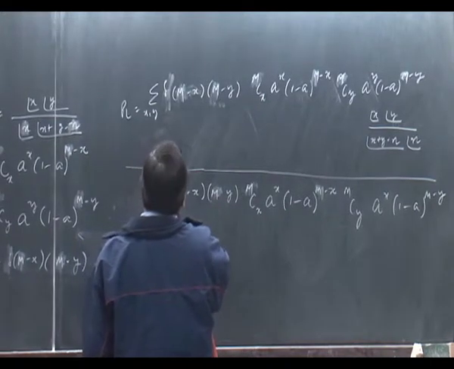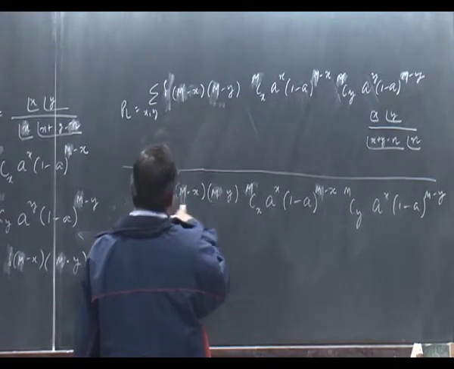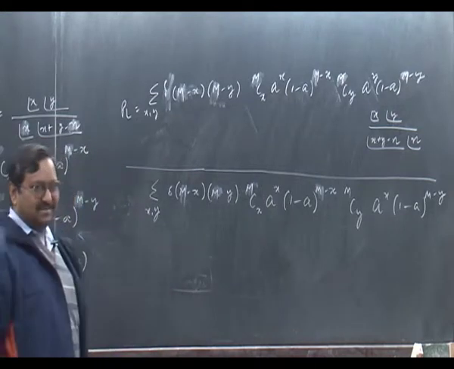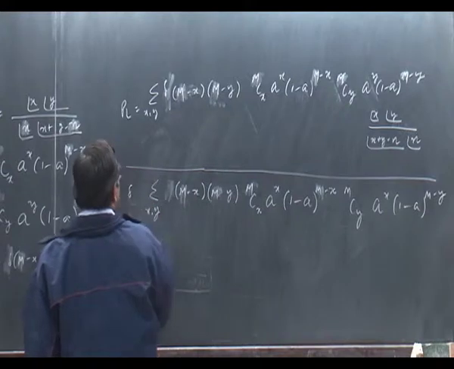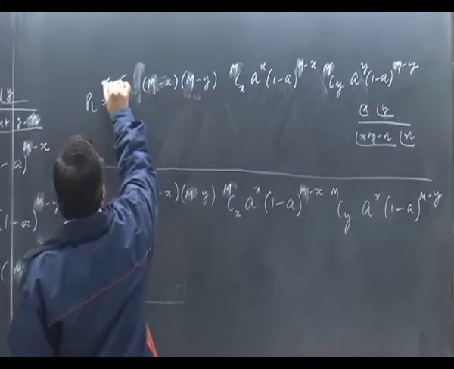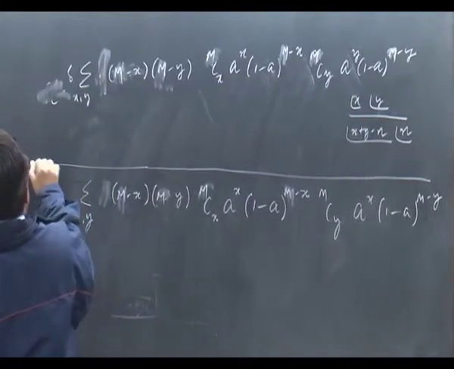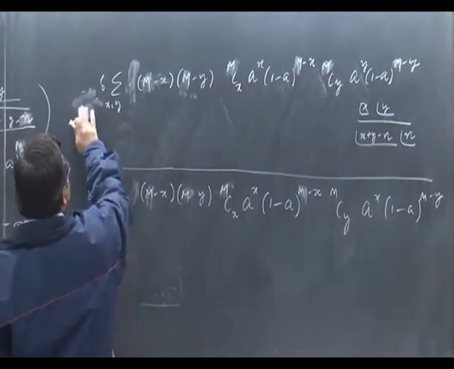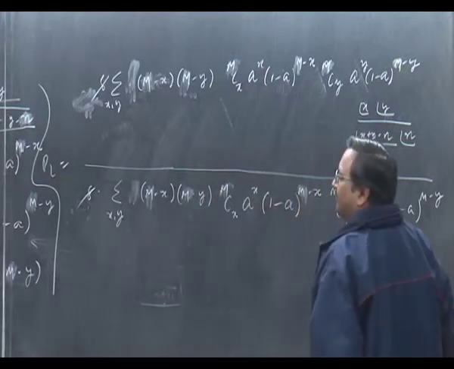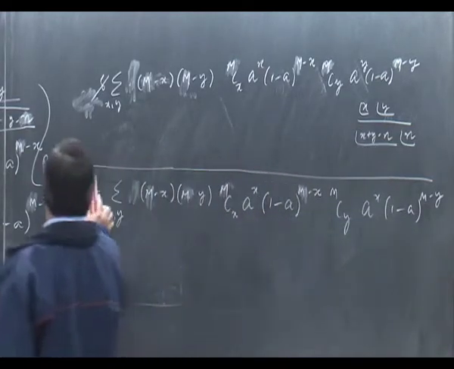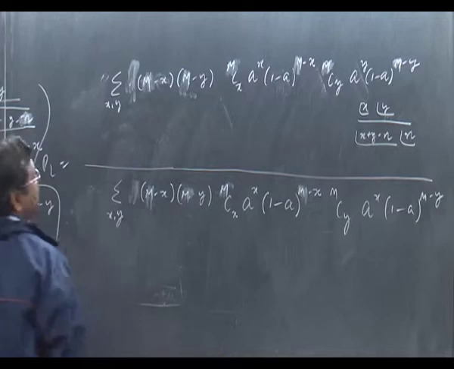So I cannot now take m minus x and m minus y out of this xy summation. You have to understand this. But I can take delta very clearly without any issue. This delta can be taken out. This delta will be cancelled. Fine.